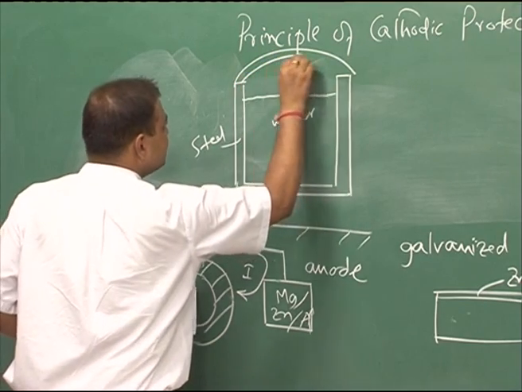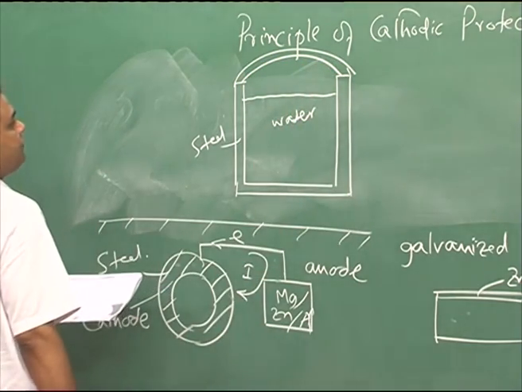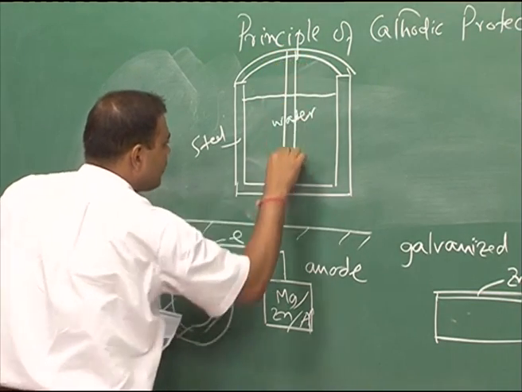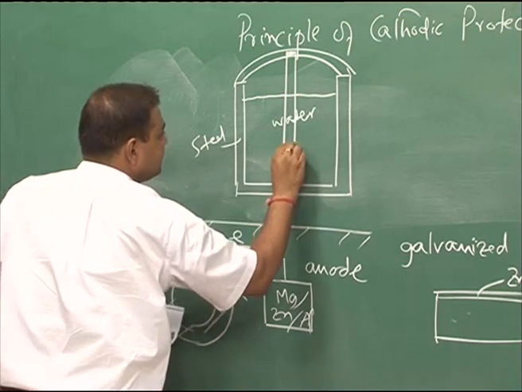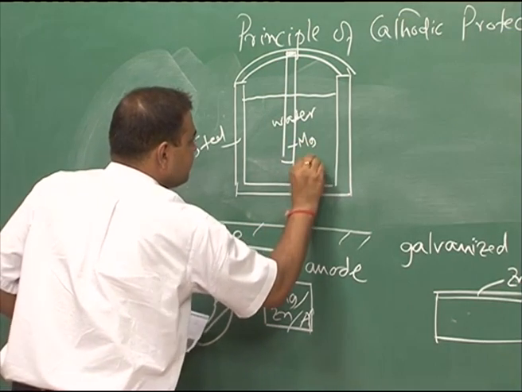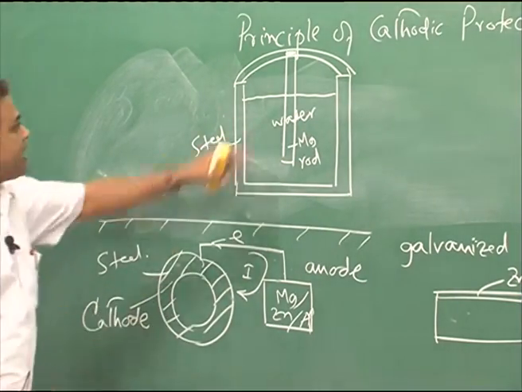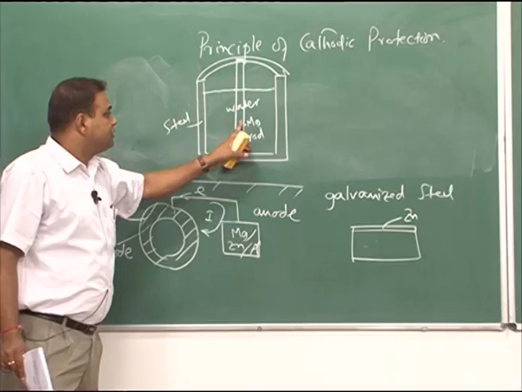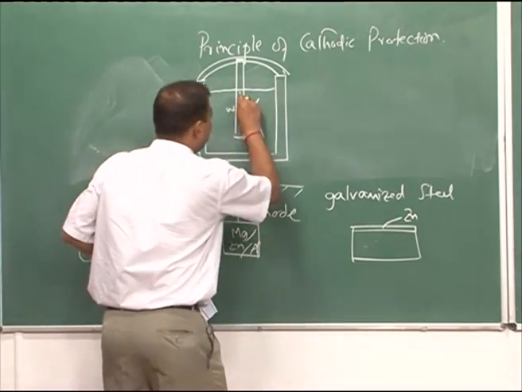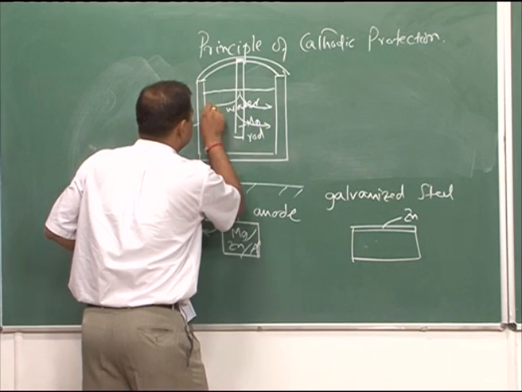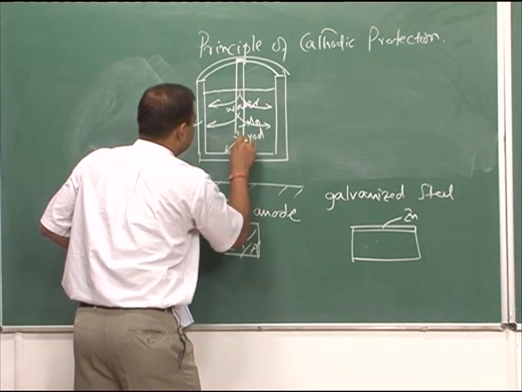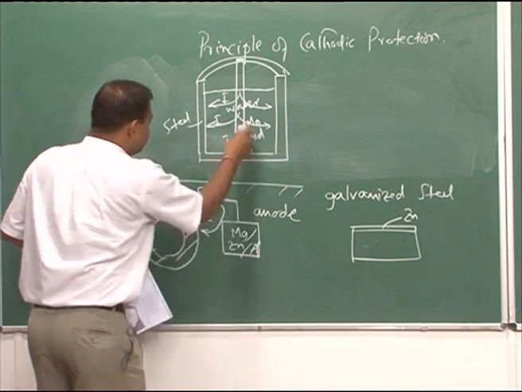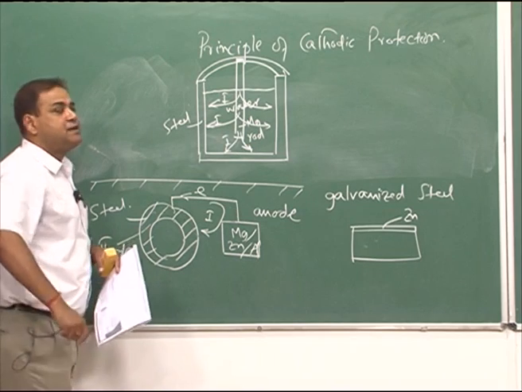We can have a hood which is also made of steel, and from that hood we can hang one magnesium rod. Once we hang the magnesium rod, it acts as anode and the tank would be cathode. Current will go like this and enter into the steel tank, and the steel tank will be protected.